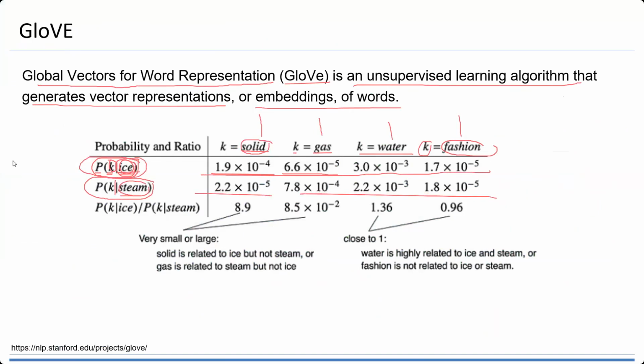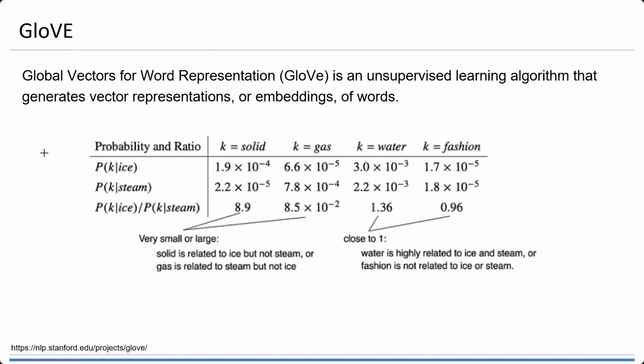Then we can make a kind of ratio: the probability of k given ice divided by the probability of k given steam. So this is the result. And the probability of k given ice divided by k given steam when k equals gas, this is the result.